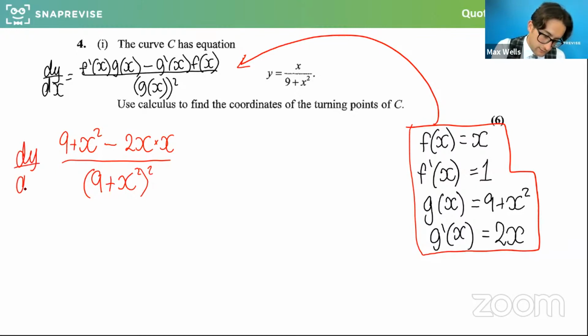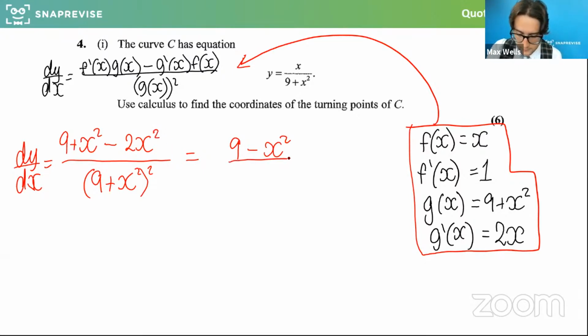This is dy dx. So hopefully we can see how I've plugged into that rule. I'm going to just tidy this up a bit. So 9 plus x squared minus 2x squared would be 9 minus x squared, because that bit is the same as 2x squared. And this is all over 9 plus x squared squared.